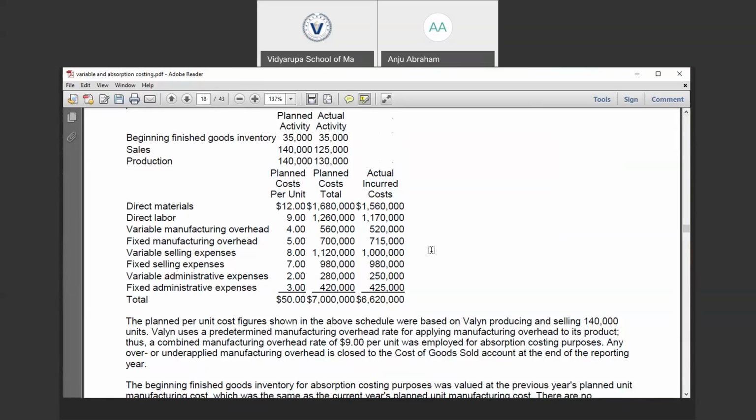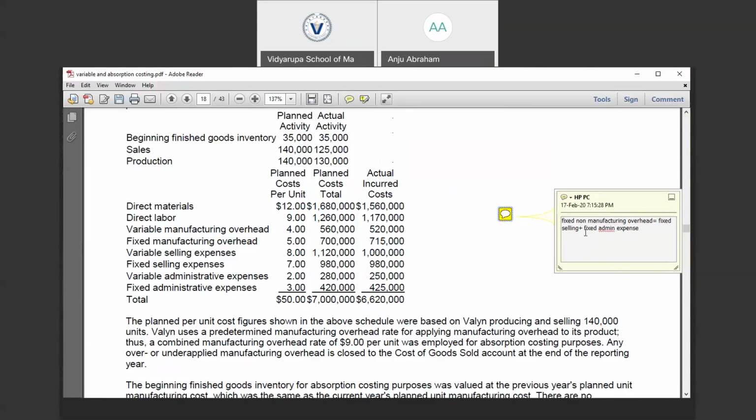So the total fixed non-manufacturing overhead equals fixed selling plus fixed administrative expense.